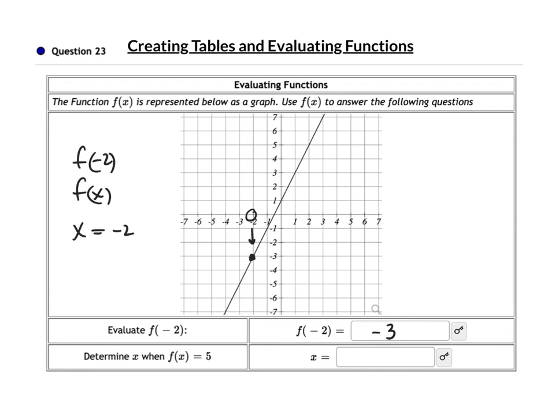Determine x when f of x equals 5. F of x is the same thing as y. They're really saying determine x when y is 5. So go to y is 5. That's right here. Go to your line, and the line is right here. And what would x be? Well, it looks like it would be 2.